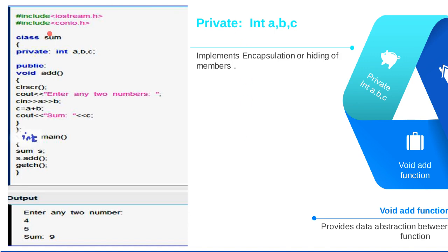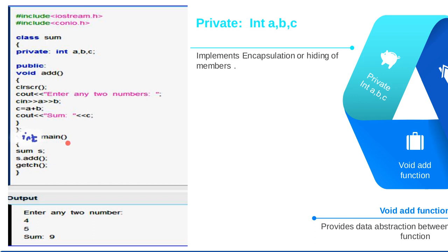In this particular example, class sum is abstract to the main function, int main, and is only providing essential or required information to class main.